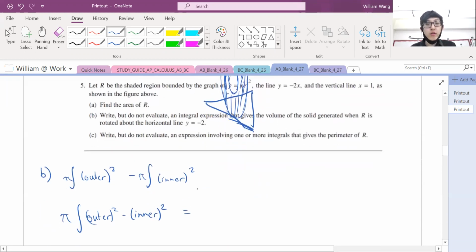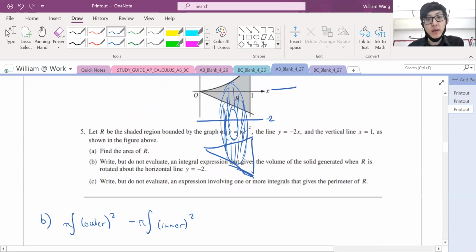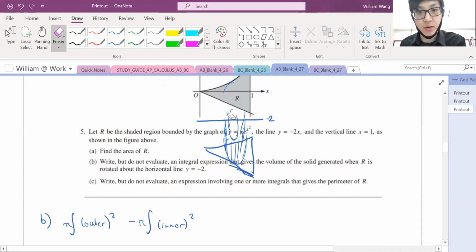But the question is, how do I write this outer function? How do I write this outer function, right? When it's not revolved around the x-axis, it's revolved around a different axis. So I need to adjust my equation to accommodate for that. Well, let's see here.